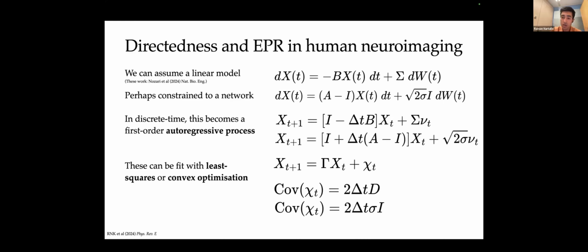And if you discretize this process, it just becomes a first-order autoregressive process, which can be fit very easily with least squares or with convex optimization to recover the drift and the diffusion of this Ornstein-Uhlenbeck process. And given there's an analytical solution for the entropy production, we can then measure the entropy production and study the structure of this network A.